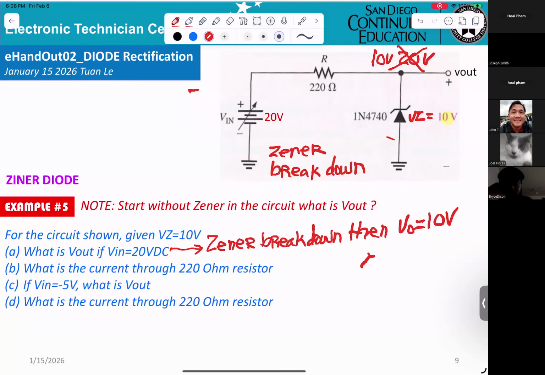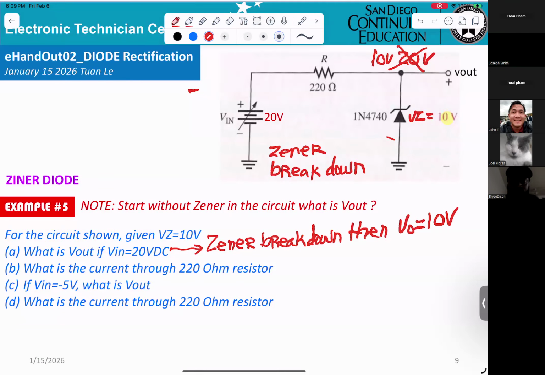Okay. Now, if you get any question, tell me. The Zener breakdown, Mr. Pham, it acts like a regulator, right? Yes, that means they try to protect V out, it cannot be higher than 10 volts.